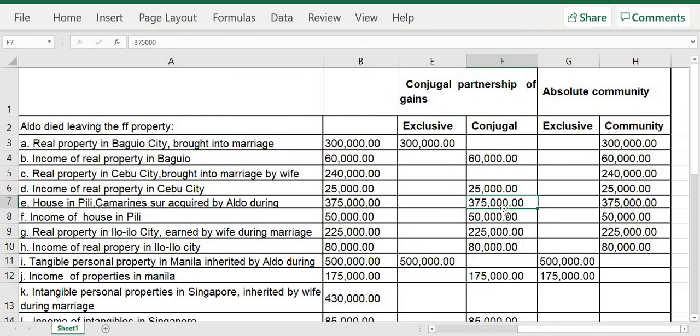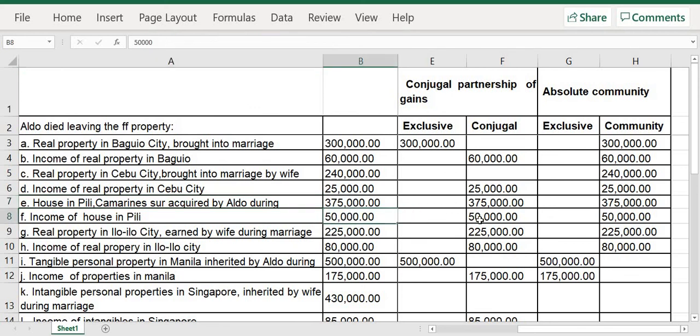Under absolute community of properties naman, still part yun. Kasi lahat ng properties during or before marriage, under absolute community of properties, that property will be considered as a community property. Now, income of house in Pili, letter E. Income ng property in letter E. So, 50,000.